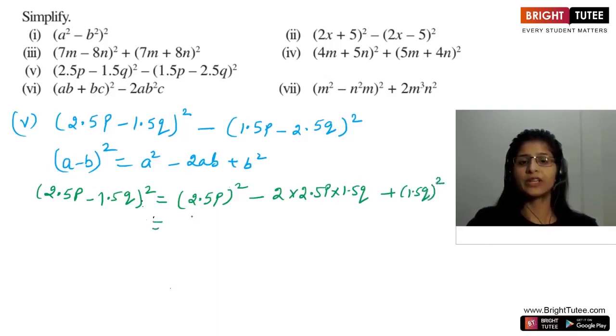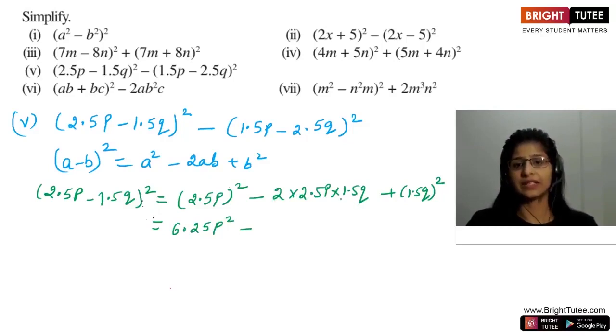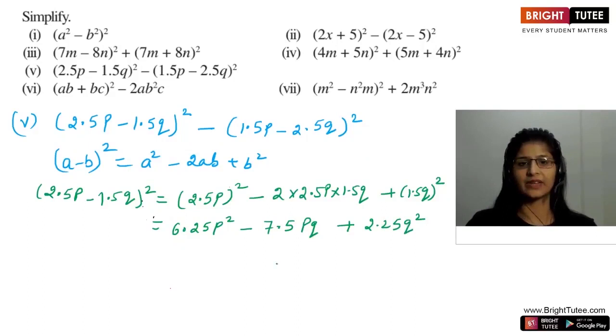Okay, 2.5 whole square is 6.25p square minus, just see, 2.5 into 2 is 5, and 1.5 into 5 is 7.5, 7.5pq plus 1.5 whole square is 2.25q square. Clear? This is what we are getting.